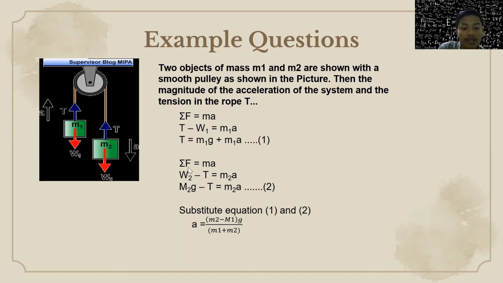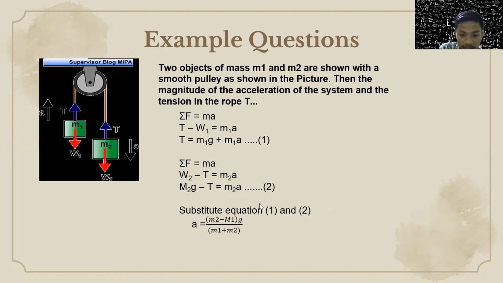Sigma F equals m times a. W2 minus T equals m2 times a. m2g, this is gravity. m2g minus T equals m2 times a.